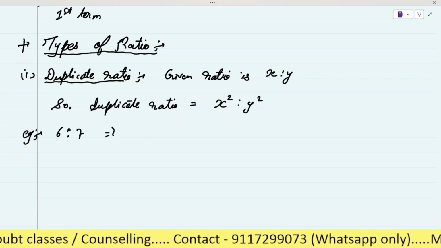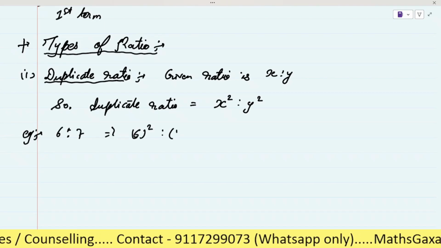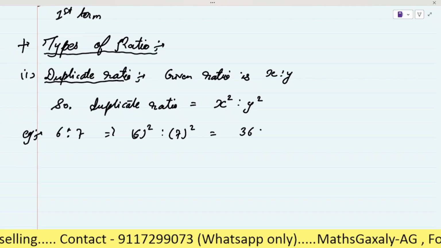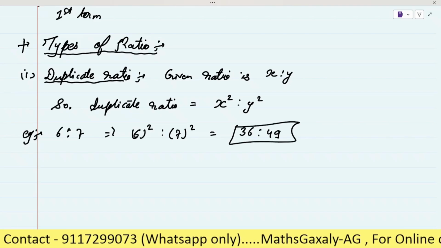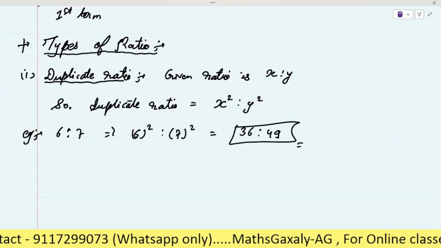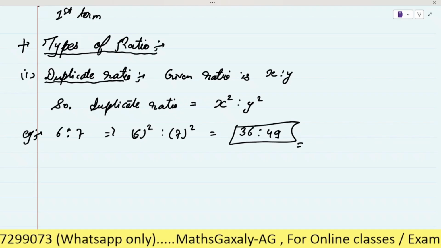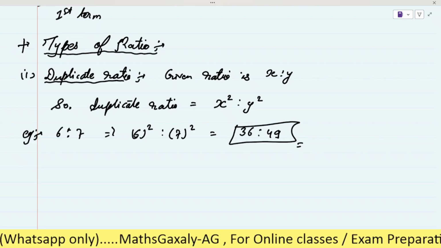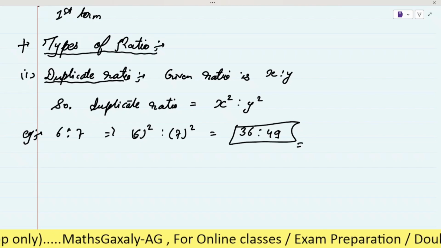So the duplicate ratio of 6 is to 7 will be square of 6 is to square of 7. So it will be 36 is to 49. So here we can say that 36 is to 49 is the duplicate ratio of 6 is to 7. Okay? Is it clear or any doubt?